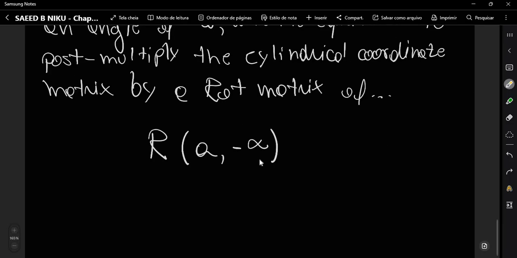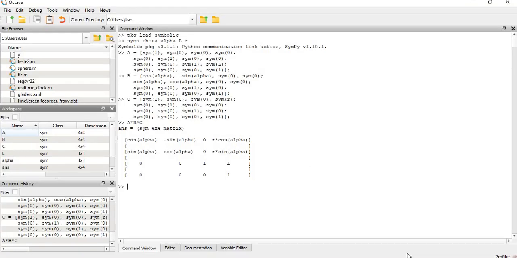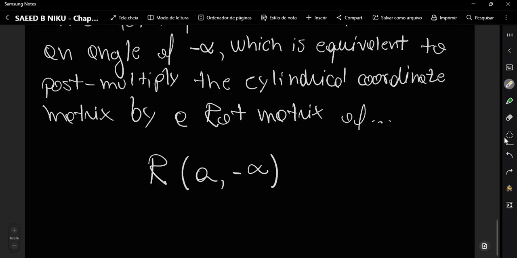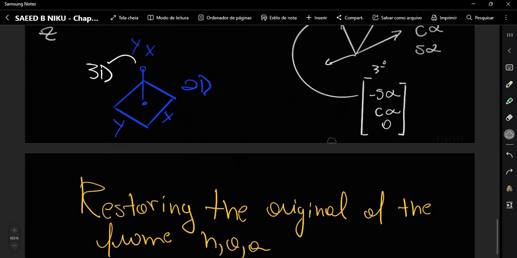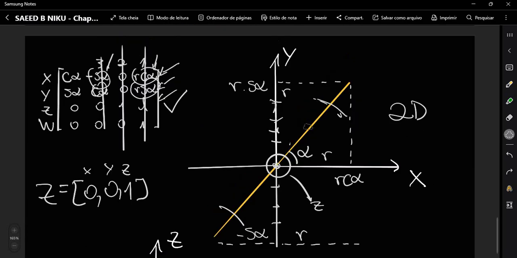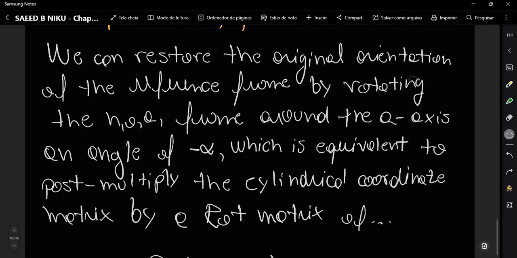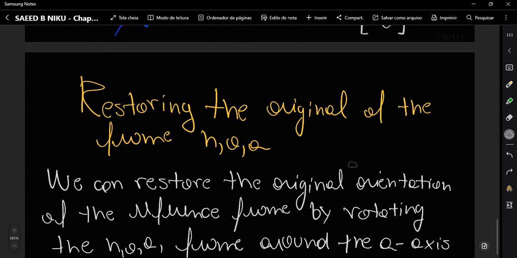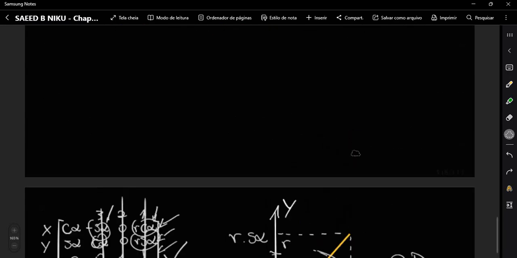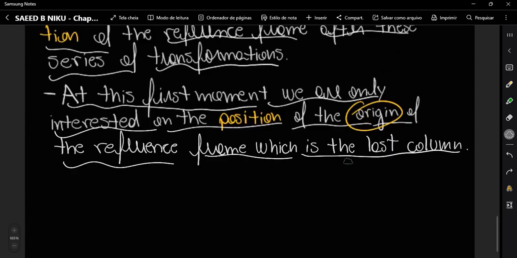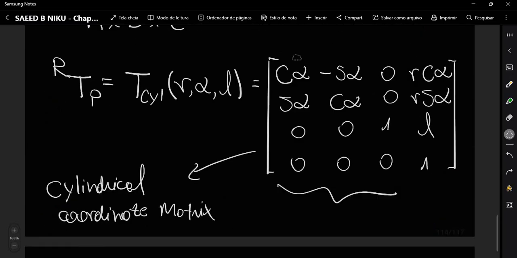But now we will use Octave. So what we're going to do is multiply, as the description says, we will restore the original rotation by multiplying the resulting cylindrical coordinate matrix that we got.